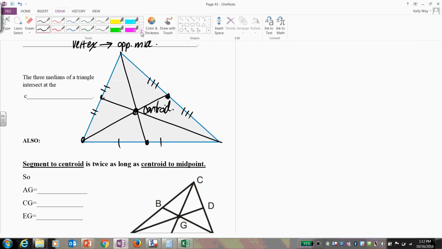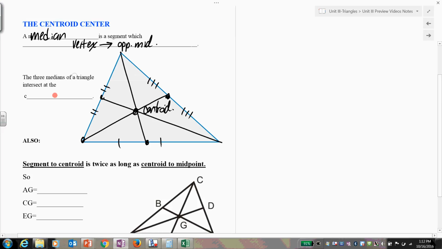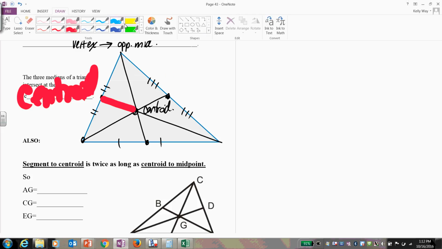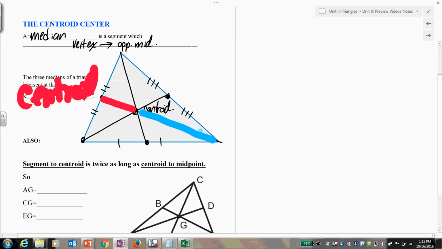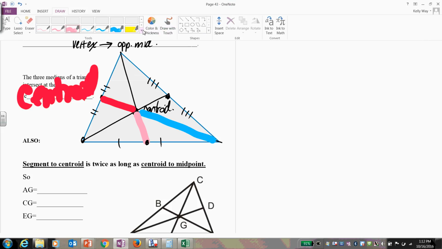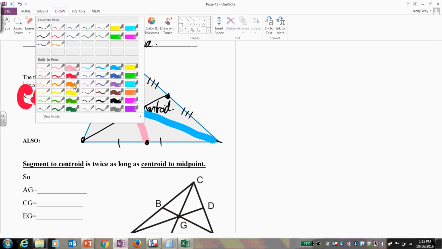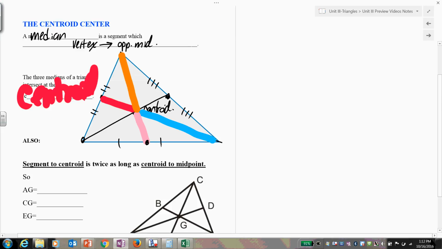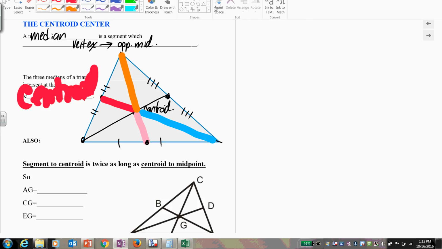That red segment is half the length of the blue segment, or it takes two reds to get into the blue. Or you can say that pink segment is half the length of the orange segment, or it takes two pinks to go into the orange.